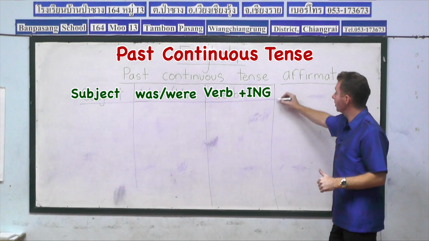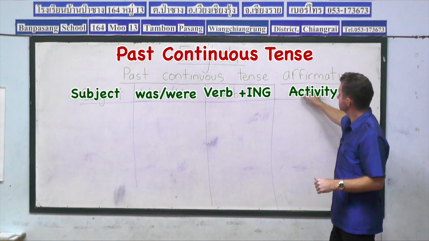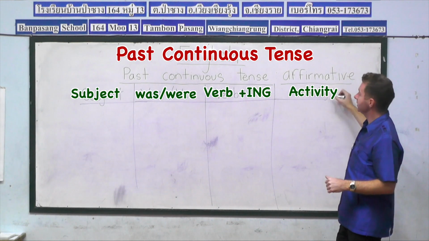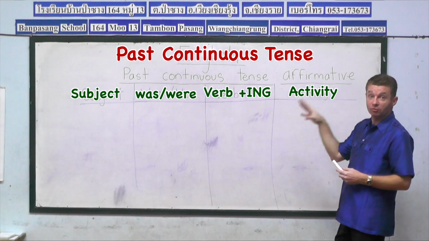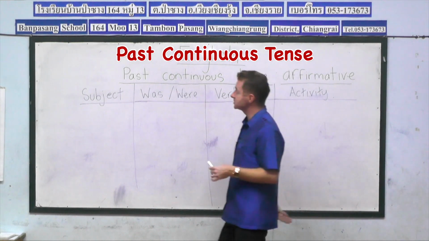And then the final word that we would use, activity. A-C-T-I-V-I-T-Y. So here we have the structure of an affirmative sentence in the past continuous tense.